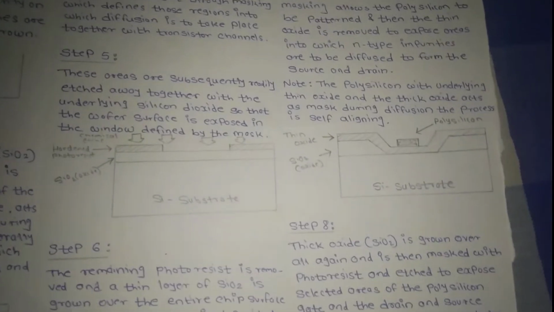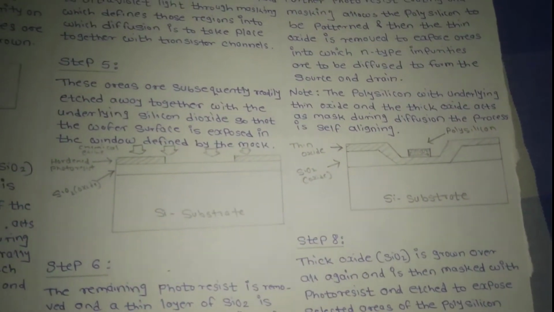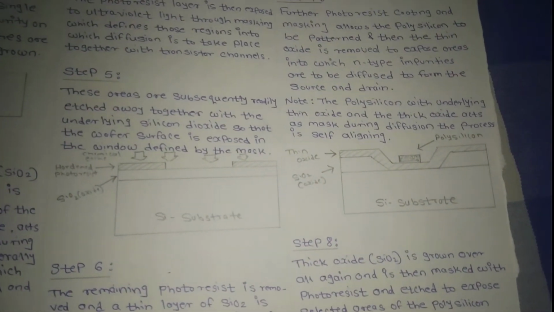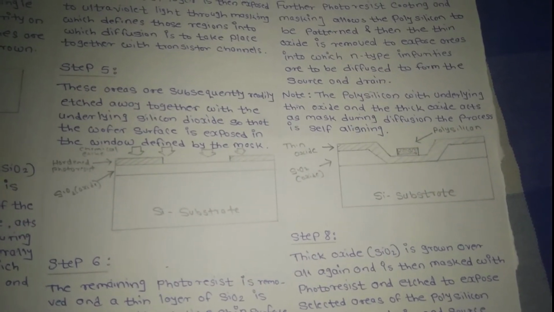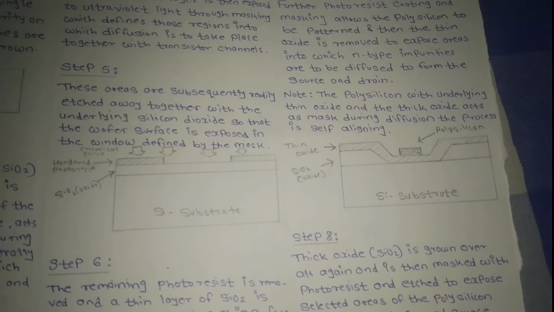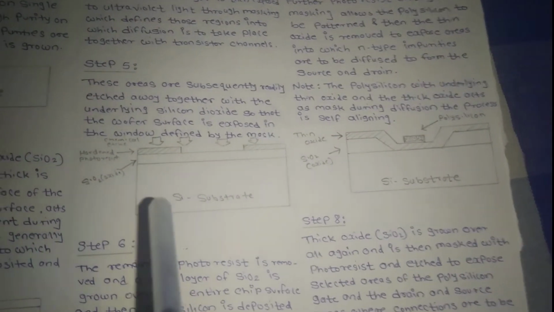And in step 5, these areas are subsequently readily etched away together with the underlying silicon dioxide so that the wafer surface is exposed in the window defined by the mask.